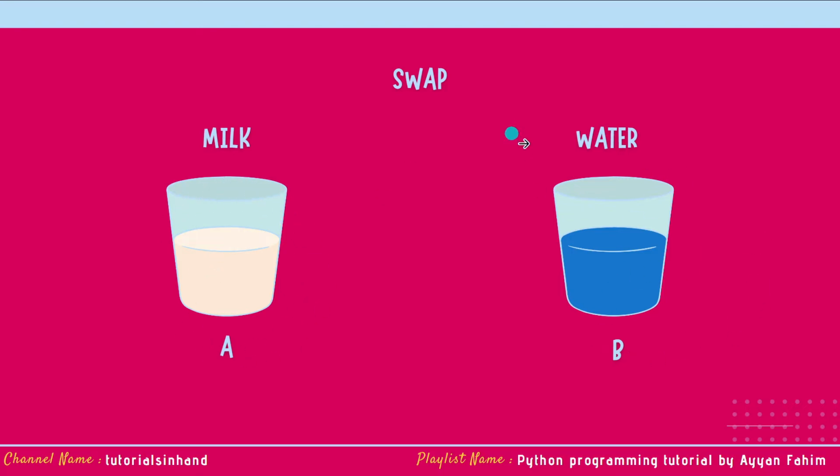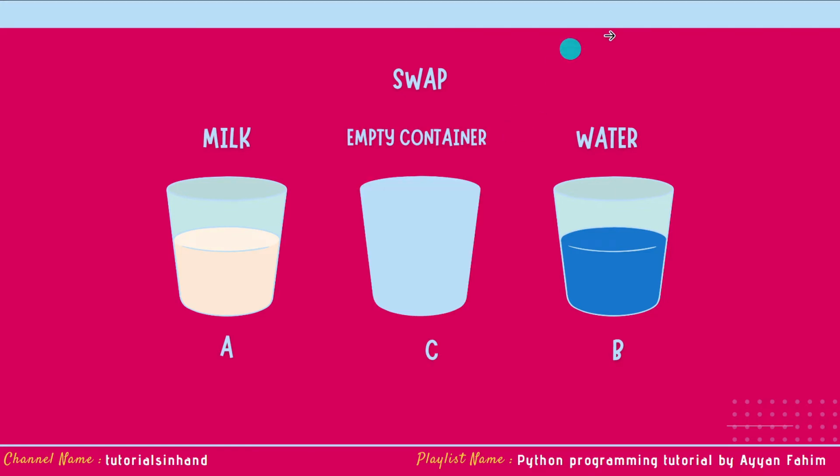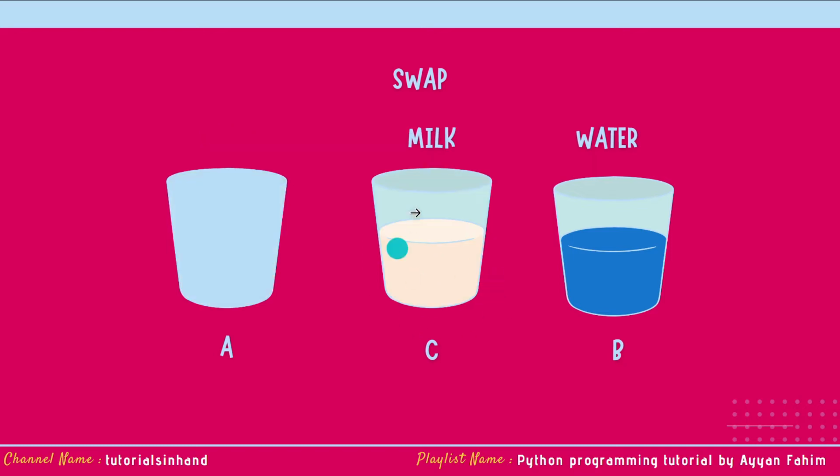So what you could have done in the real world scenario is take another empty container, let's call it simply C. In step 1, you could have poured the milk from glass A into glass C. Now your glass C would be filled with milk and your glass A would be empty.